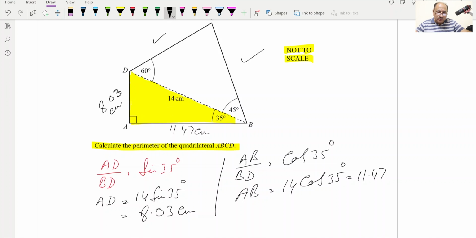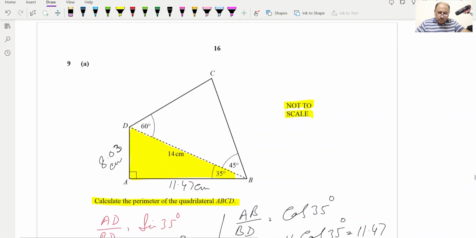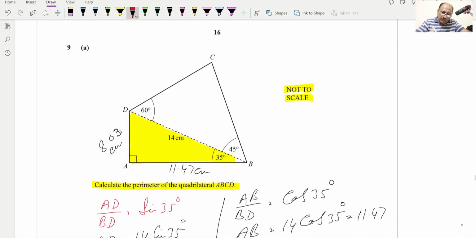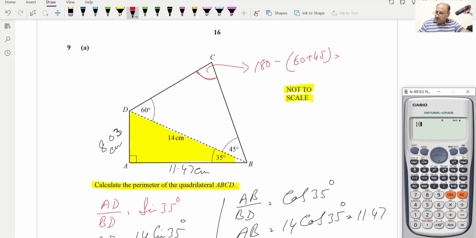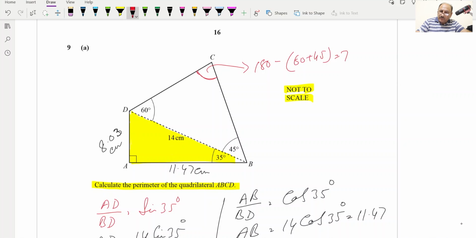For these two sides, we have one side and two angles, but first of all we will find this angle so that we can utilize it. This angle will be 180 minus 60 plus 45 degrees, which is 180 minus, 60 plus 45, and this is equal to 75.